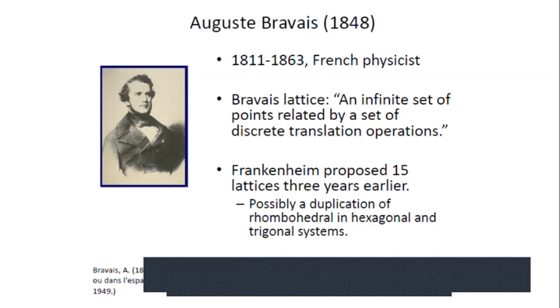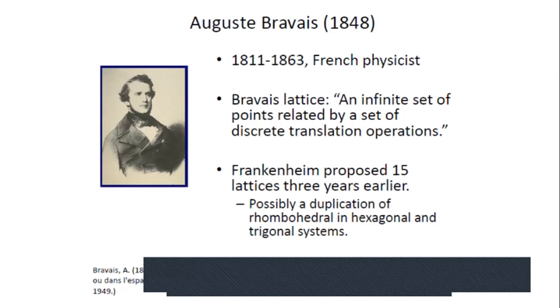And a couple of years earlier than when Bravais developed this, another scientist, Frankenheim, proposed that there were 15 lattices that different crystal systems could have. And he also stated that it could be a duplication of rhombohedral and hexagonal and trigonal systems.